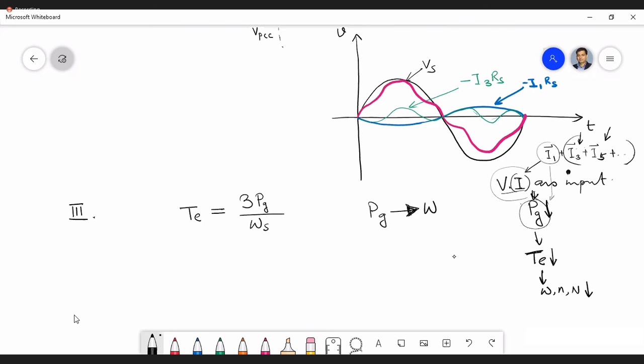These will all be reduced. Just take an example of a ceiling fan. A ceiling fan is not a three-phase induction motor, but it is an induction motor, which is generally single-phase.